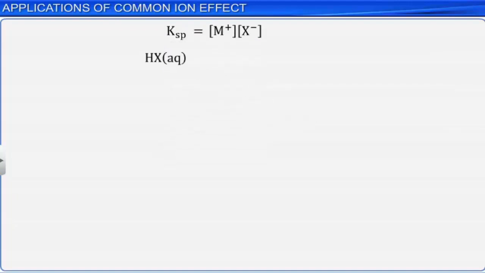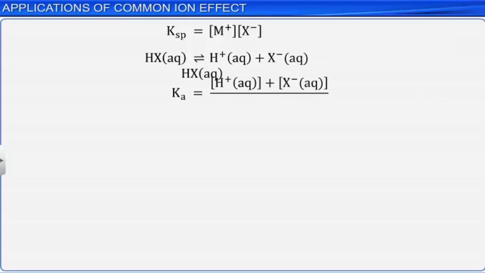HX ionizes to give H⁺ ions and X⁻ ions. Then Ka is equal to the product of molar concentrations of H⁺ and X⁻ divided by HX concentration. On rearranging the equation, we get X⁻ divided by HX equal to Ka divided by H⁺.